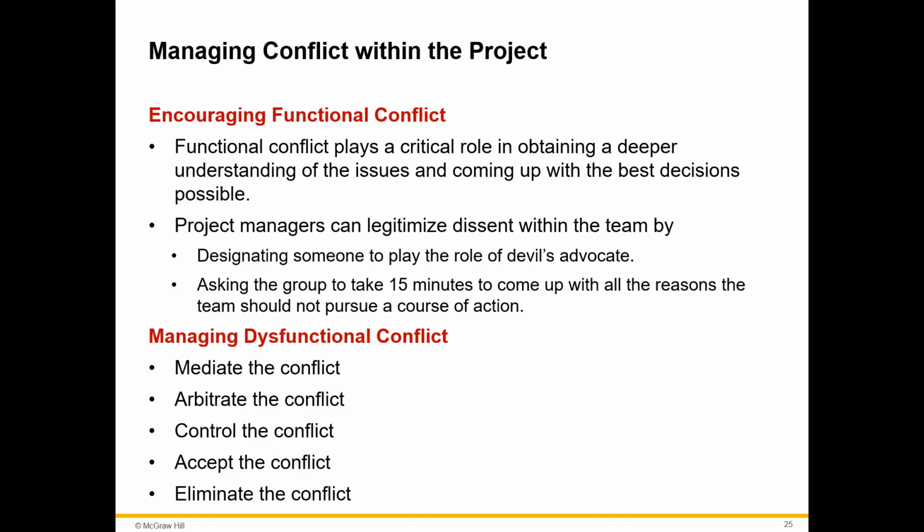I would say yes, but to what point? Okay. And a lot of times, if you realize the conflict was dysfunctional, you can mediate the conflict. Try to see if there's a middle ground here. You can bring in an arbitrator to decide the fate of where the project is going. You can also control the conflict and make sure that it is easily handled.